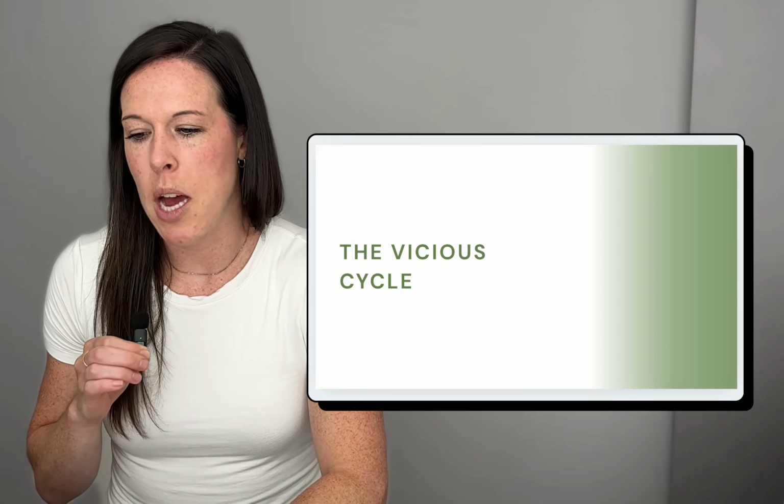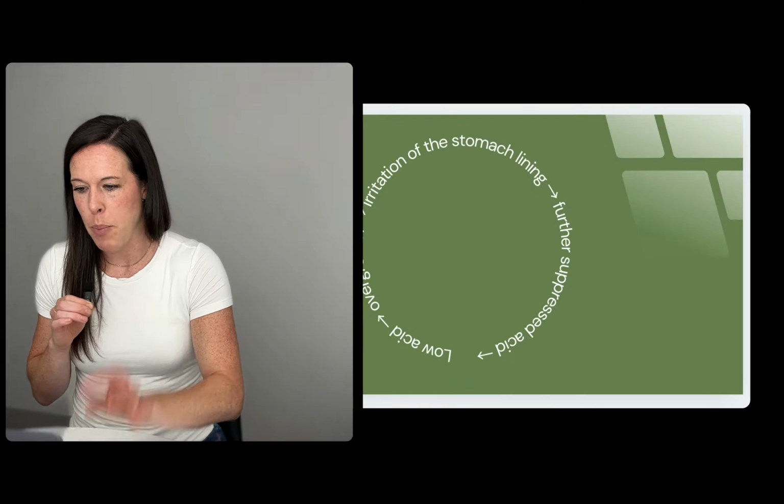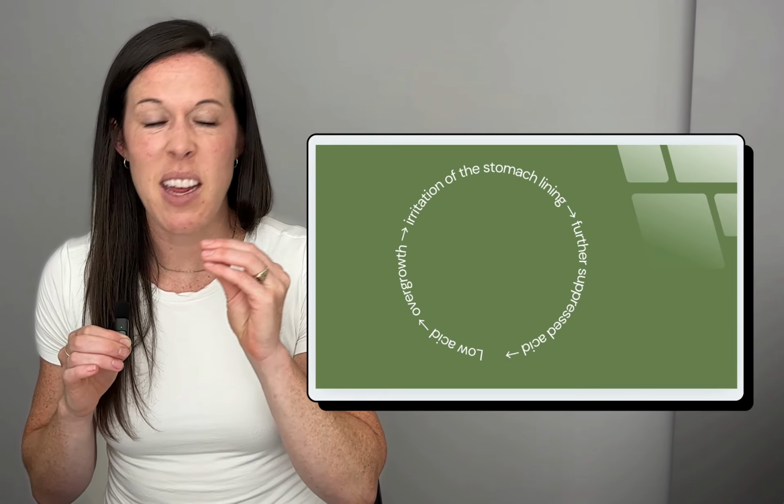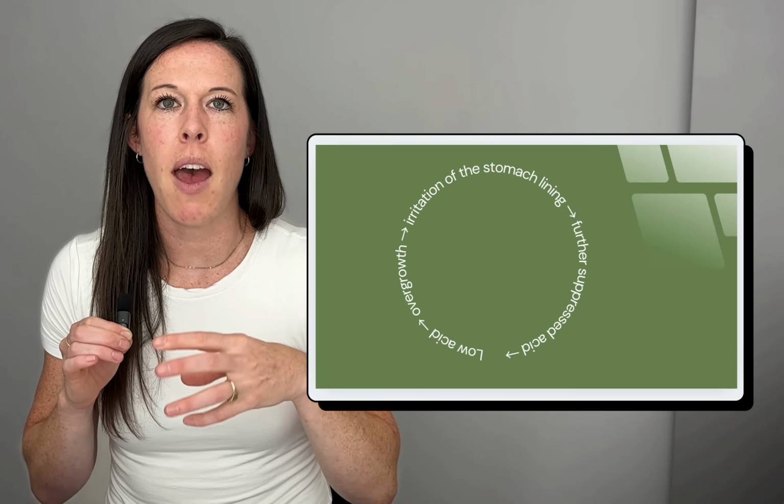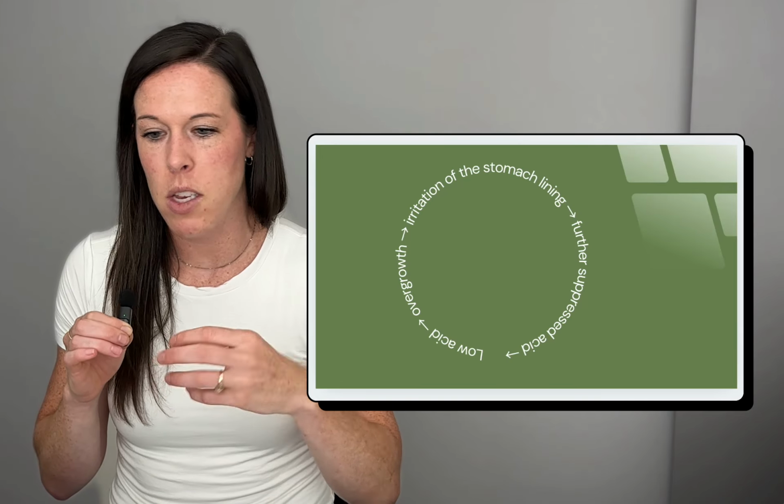So, okay, we talked about this vicious cycle. Let's get into it one more time just to talk about what actually happens. So you have low stomach acid and it can lead to overgrowth, right? If we're talking about different types of infections, like bacterial overgrowth, yeast overgrowth, combined with that extra food sitting there, that can lead to reflux as well.